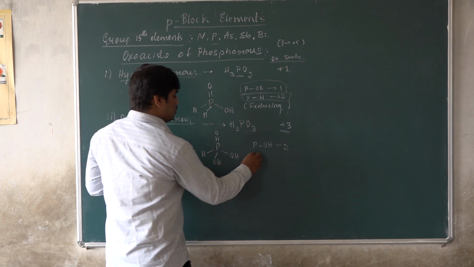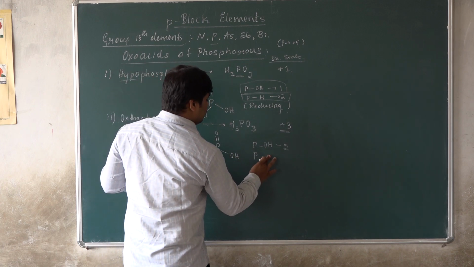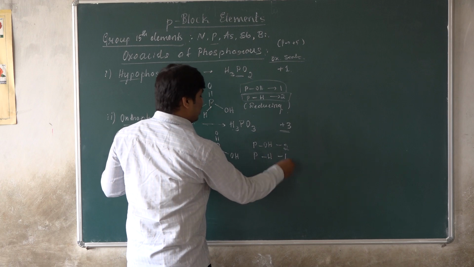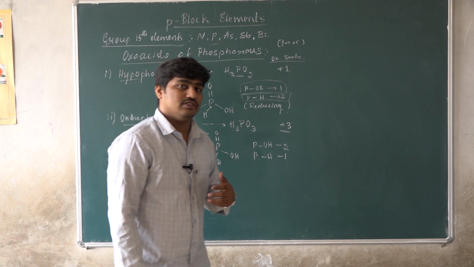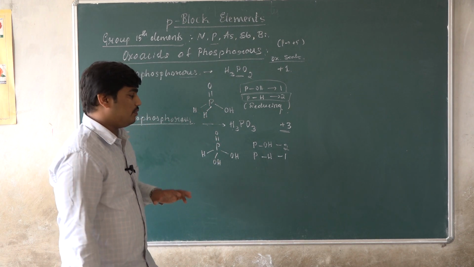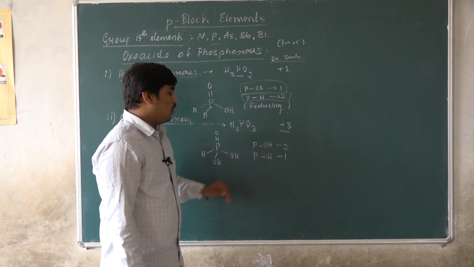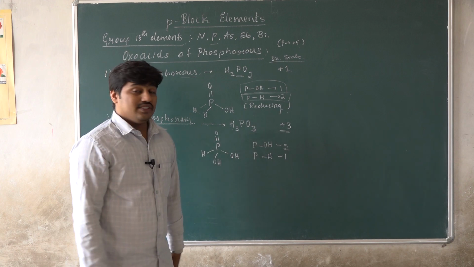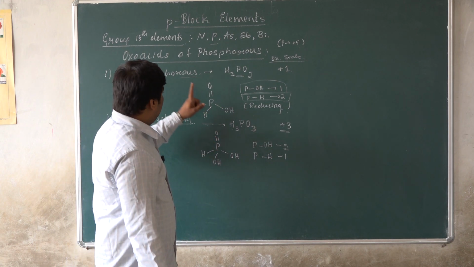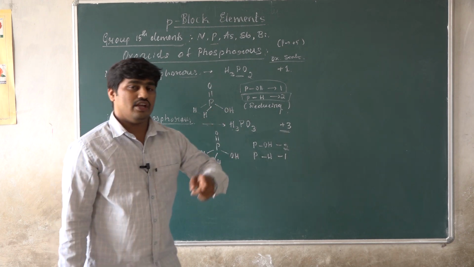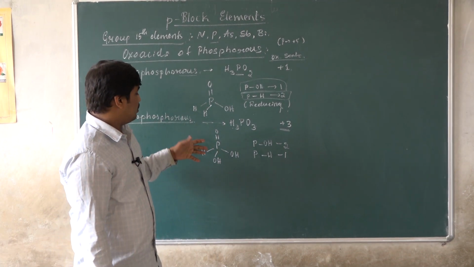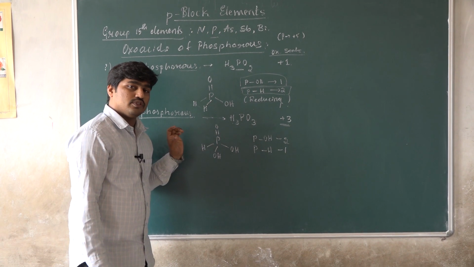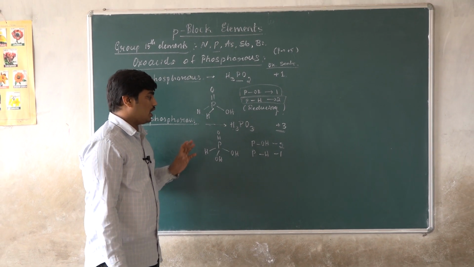The number of P-H bonds is 1. Because of that, the reducing property decreases. Then what is the conclusion? Hypophosphorus acid shows more reducing property compared to orthophosphorus acid. Okay, that is the conclusion.